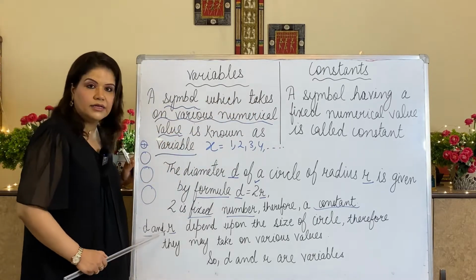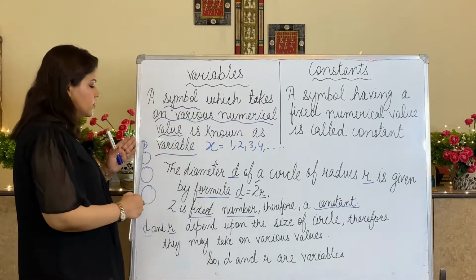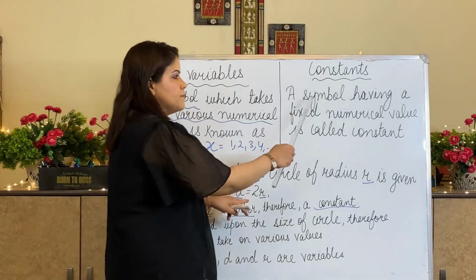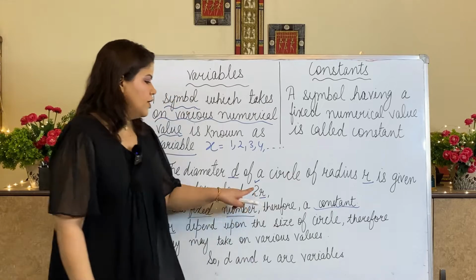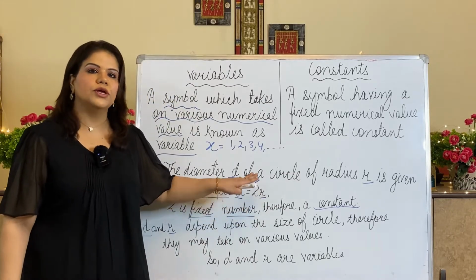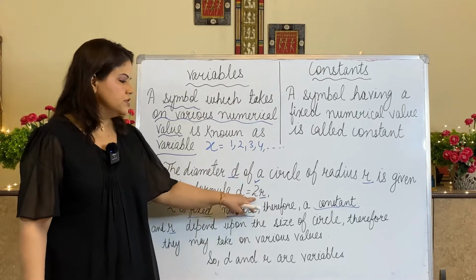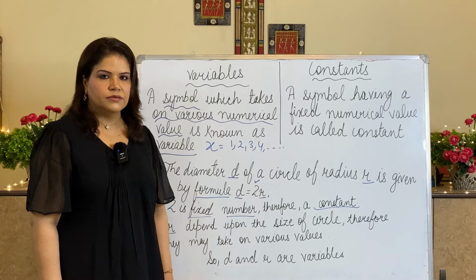Now d and r are the symbols which can take on various values according to the size of the circle. But a symbol having a fixed numerical value is called a constant. Now here 2 is going to remain fixed as 2. Its value is fixed. So it is a constant. d and r are variables.